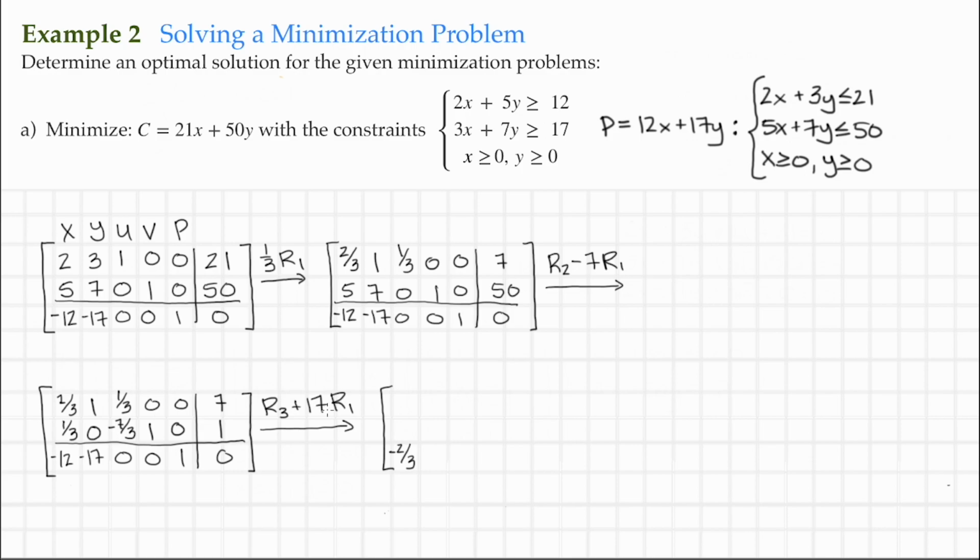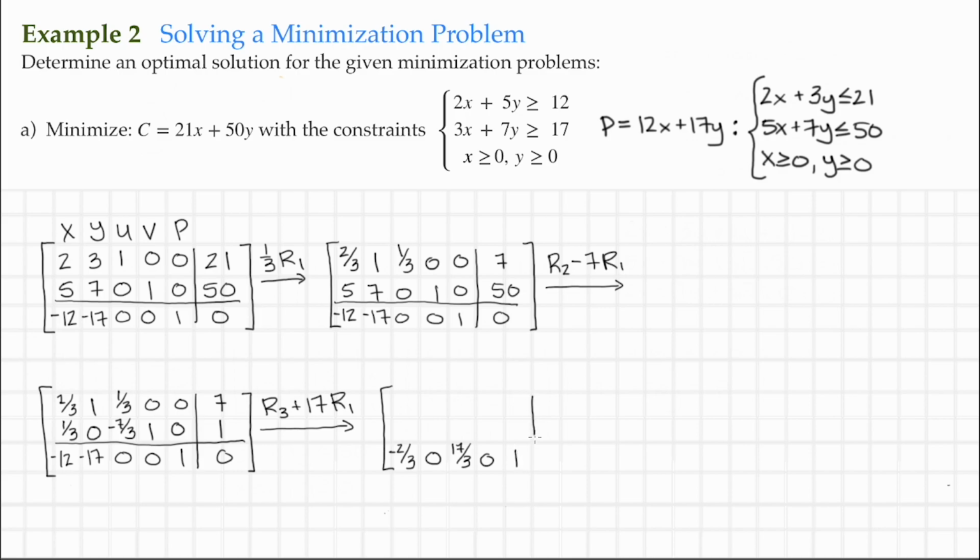Negative 17 plus 17, that's 0. 1/3 times 17, that's 17/3. 0 plus 17/3, that's 17/3. 0, 0, and 0. 0, 0, we bring down the 1.